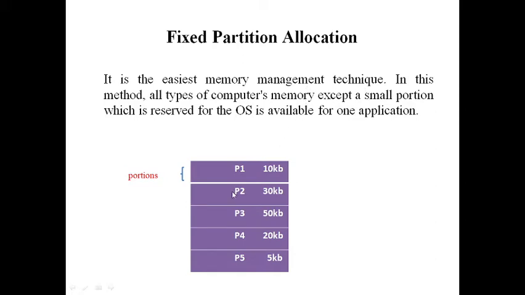So in this method, what happens? Let us say that I have 5 programs in my hand and I want to execute them. When I want to execute these 5 programs, I will fix the portions.